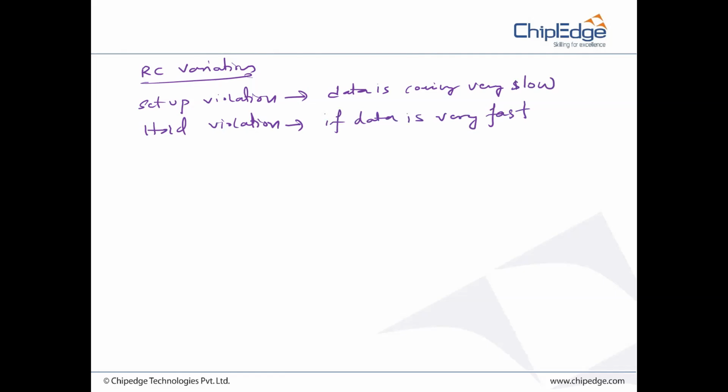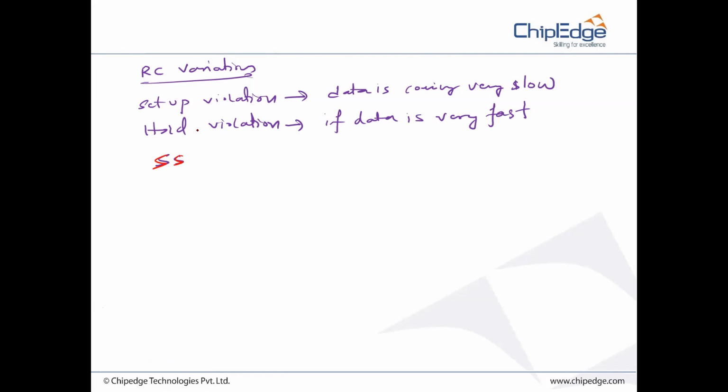Okay. Now, how do process, voltage, and temperature affect these things? If my process is slow, what happens? Data will be coming slow.